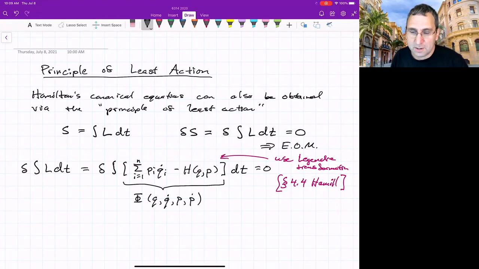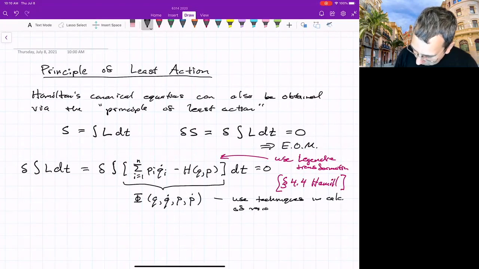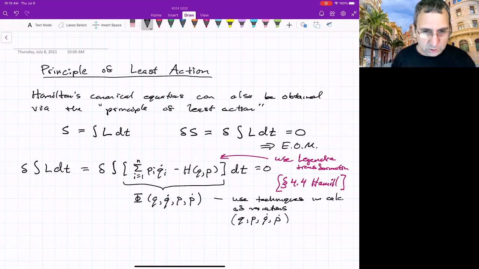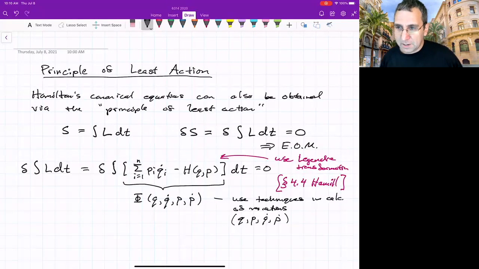We're just going to use the earlier techniques from the calculus of variations and treat this like a normal calculus of variations problem, and write the Euler-Lagrange equations for it. Here we're assuming q, p, q dot, p dot are all independent variables. There's q and p, and then q dot and p dot, which depend on the time rate of change. But we have this set of variables, and time is the independent variable.